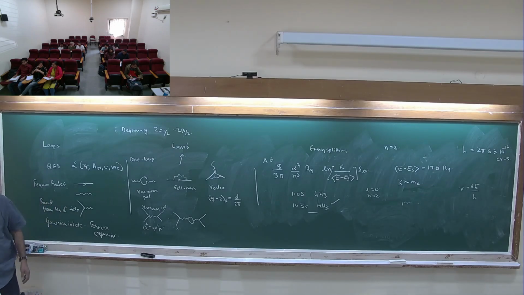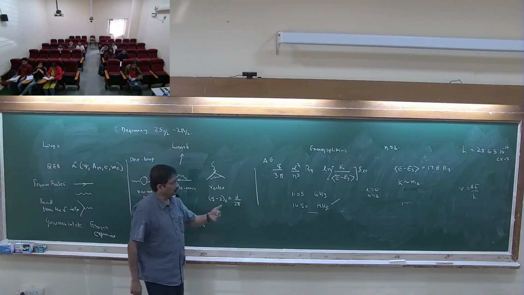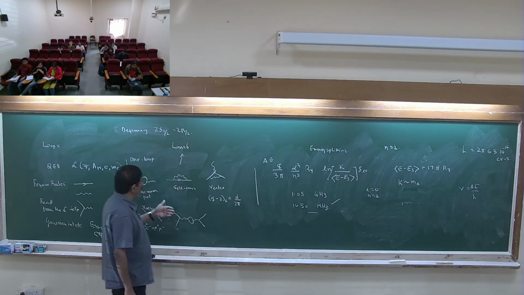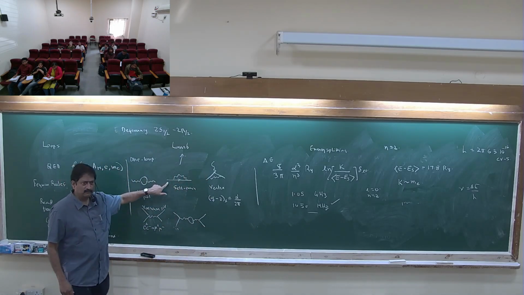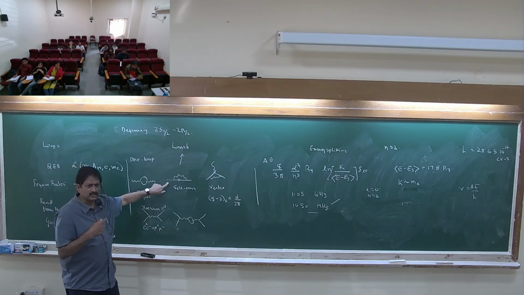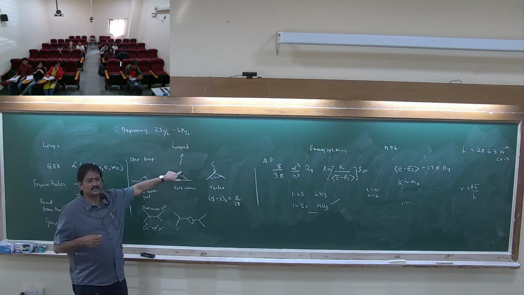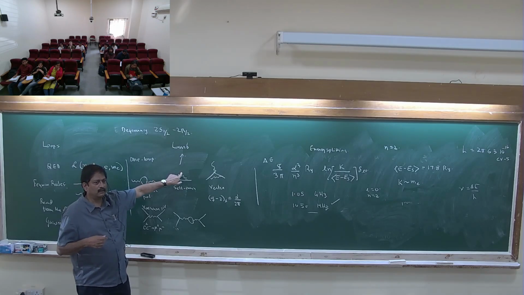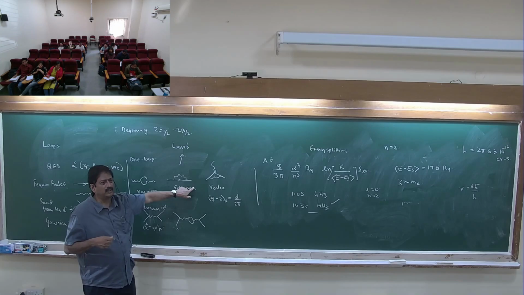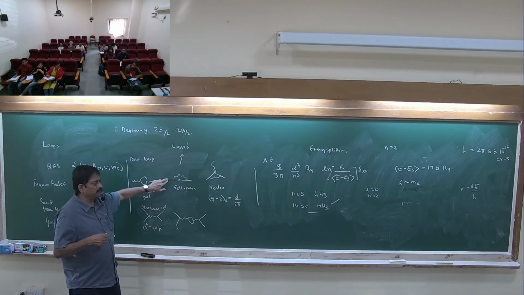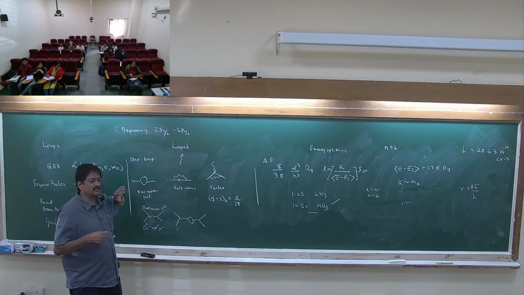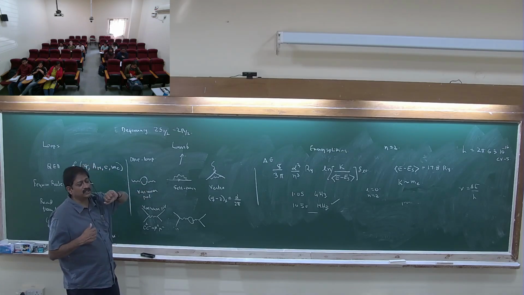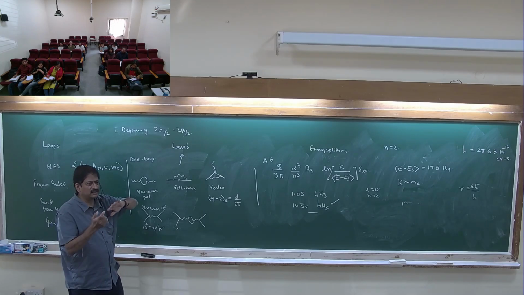So how did Bethe actually argue that this should be the case? What happens is you have the electron sitting in one of the bound states, which emits a photon, and then it reabsorbs it. If you do it in second order perturbation theory, you get a sum over all intermediate states divided by an energy denominator.